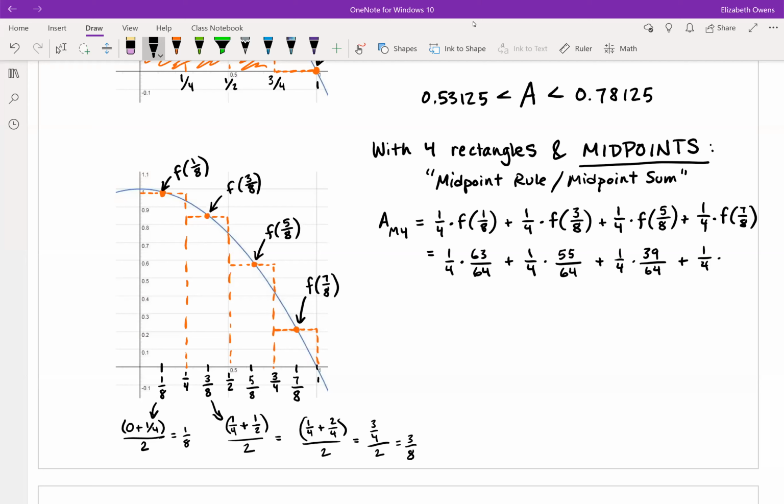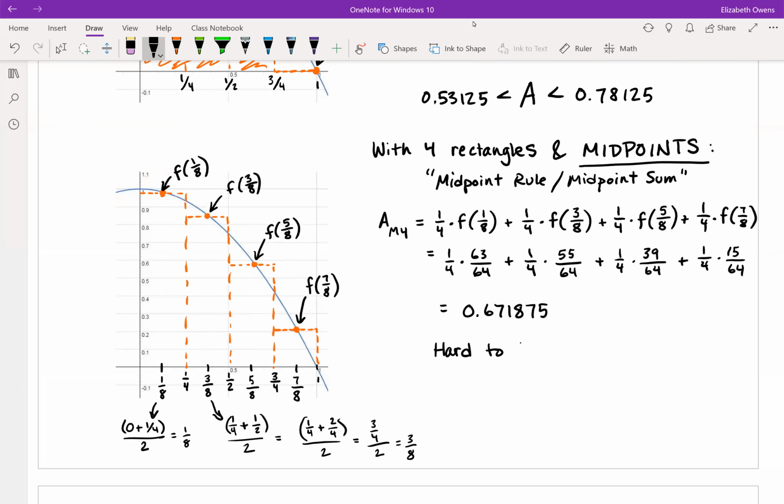So this is what it would look like with fractions, but honestly, most of the time you're probably going to end up using your calculator. So the estimate we get for this is 0.671875 square units.